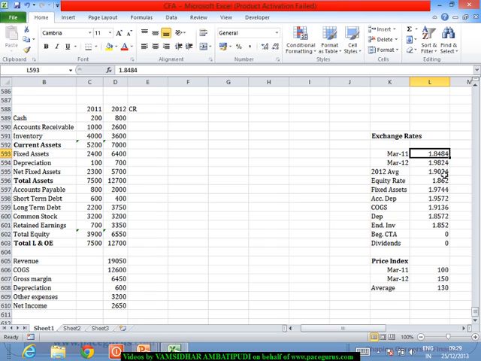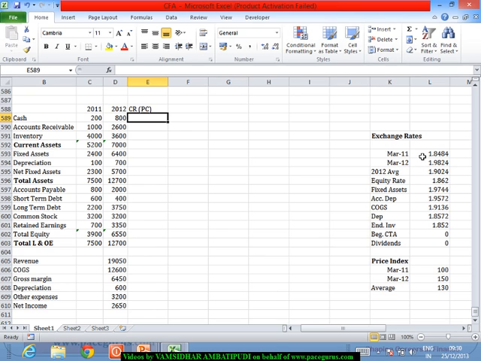Here what I am assuming is 1 unit of local currency is equal to so many units of parent currency. Because these are all quoted in domestic currency, I will convert based on 1 unit of domestic currency being equal to so many units of foreign currency.